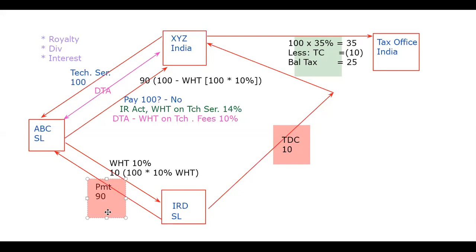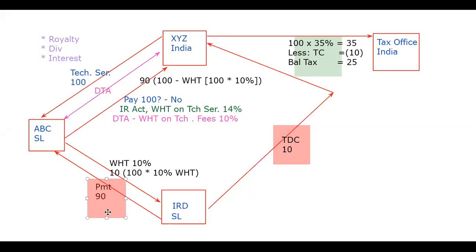Let's say you went to the bank with 100 million, I want to remit this entire 100 to India, right? Then the bank will say, no, you can't send 100. You need to pay taxes applicable in Sri Lanka and give the confirmation of tax payment.